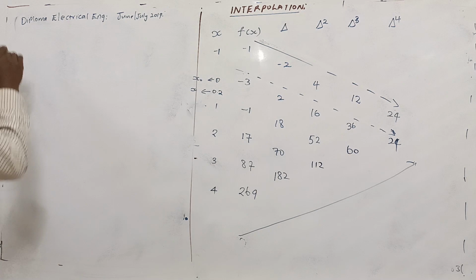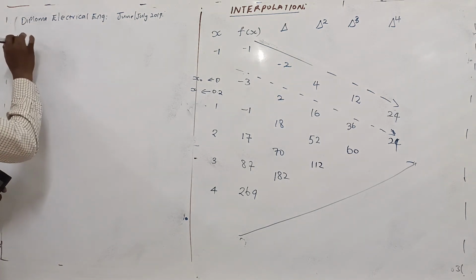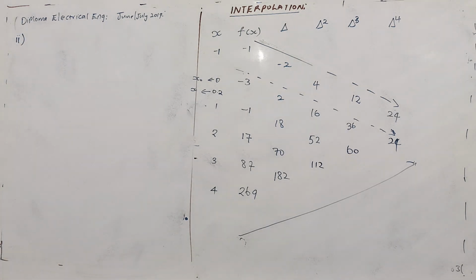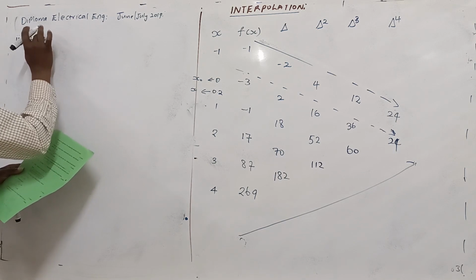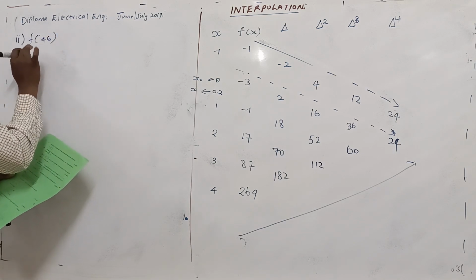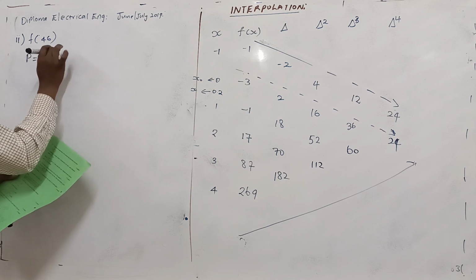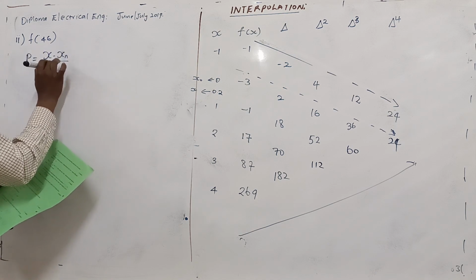The second question is that you are supposed to get f of 4.6. In this case, you need to get our p. P is x minus xn over h.